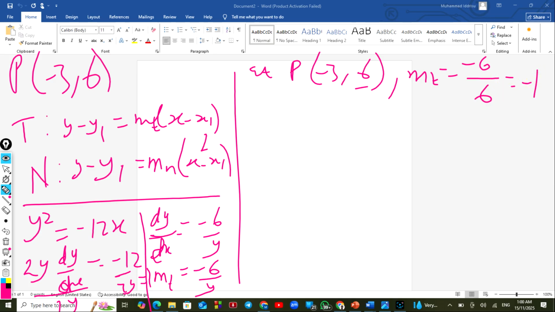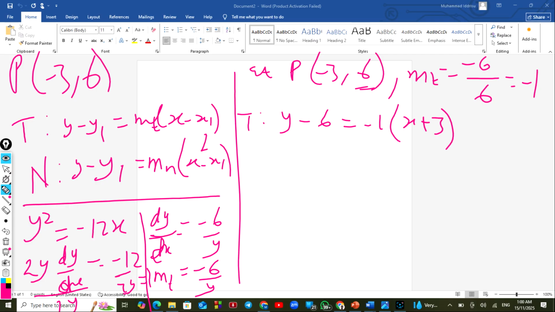Negative 1. So the line of the tangent will now be y minus our y1, which is 6, so y minus 6 is equal to our mt, which is negative 1, multiplying x minus x1, which is negative 3. So it's just minus negative 3, so it's now plus 3.